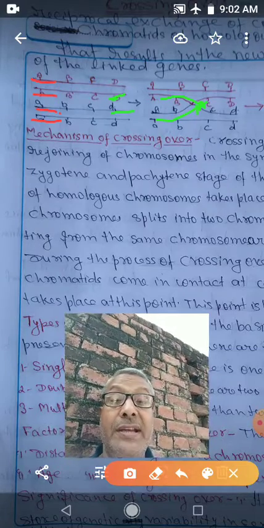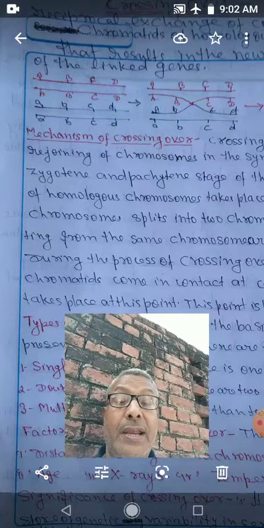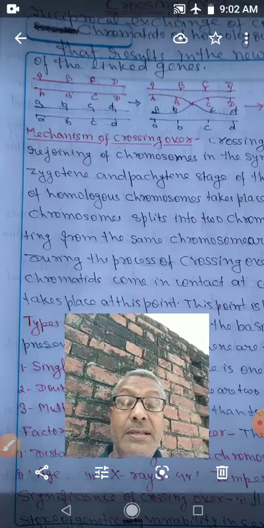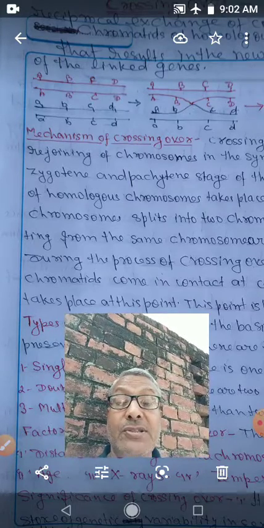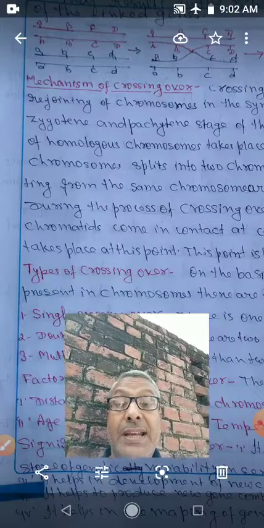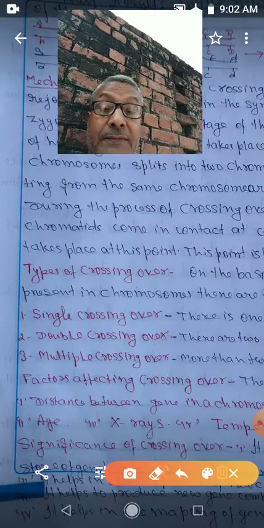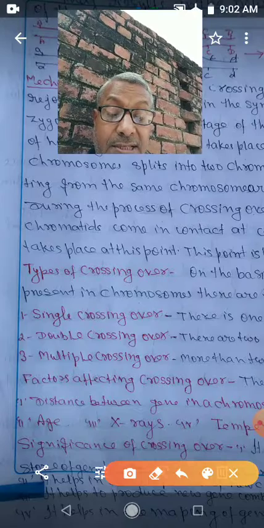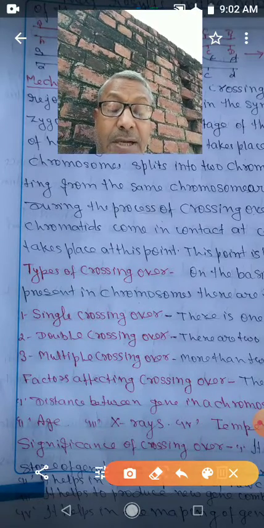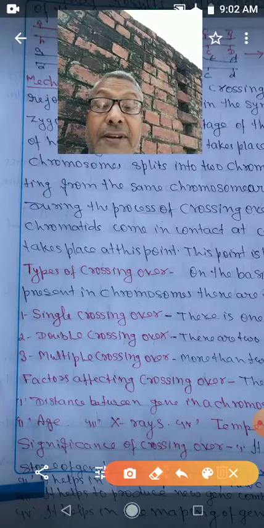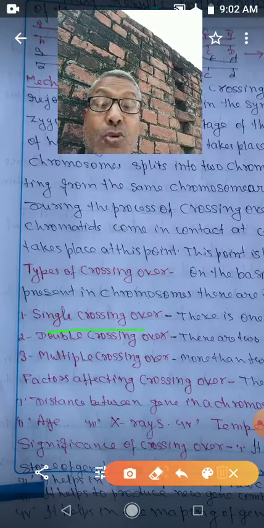Children, you studied how is the crossing over and what is the crossing over. Now you have to see different types of crossing over. There are three types of crossing over on the basis of number of chiasmata present in chromosomes. First one is single crossing over.